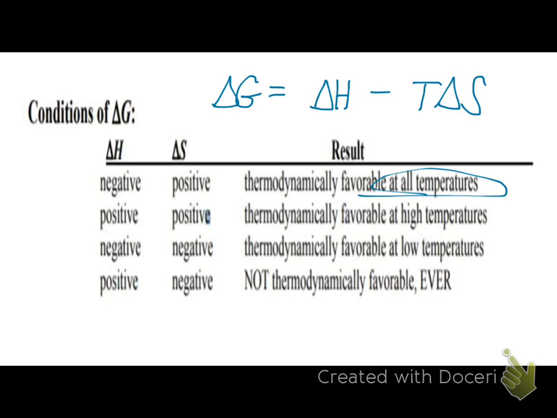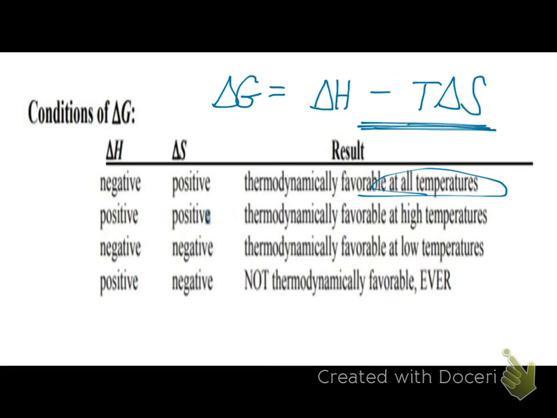So you're subtracting from a negative, it's just going to make it more negative for delta G. So it would be favorable at any temperature. But if you have a positive and a positive, it's only going to be thermodynamically favored at high temperatures. And that's because you've got a positive, and then when you're subtracting from that, it would have to be a high enough temperature that this component of it would take effect.